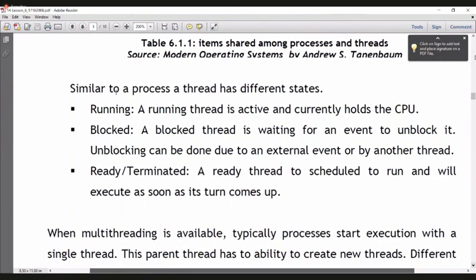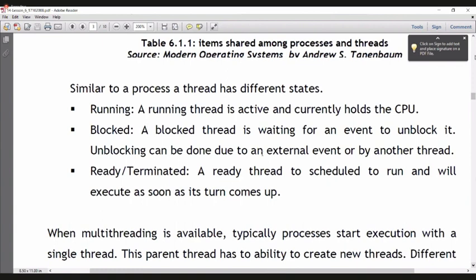Similar to a process, a thread has different states, right? What are the states? Now you have learned the running state, blocked state, ready and terminated states. These are the states of a thread. Running means the same: a running thread is active and currently holds the CPU. Blocked means it is not on the CPU; a blocked thread is waiting for an event to unblock it.